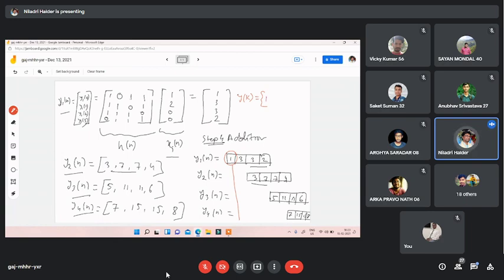There will be no addition. Similarly, 3 does not have any overlapping box, it will be 3. That 3 has an overlapping box with 3, so 3 will be added, it will be 6. That 2 is overlapping with 7, so it will be 9.